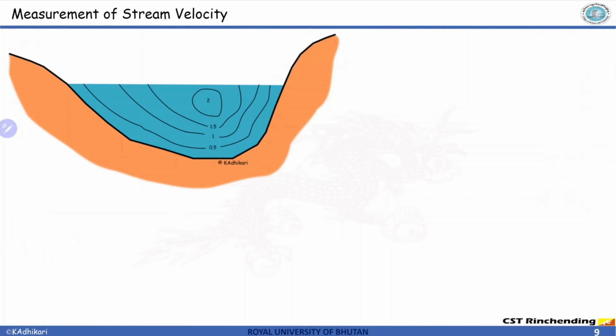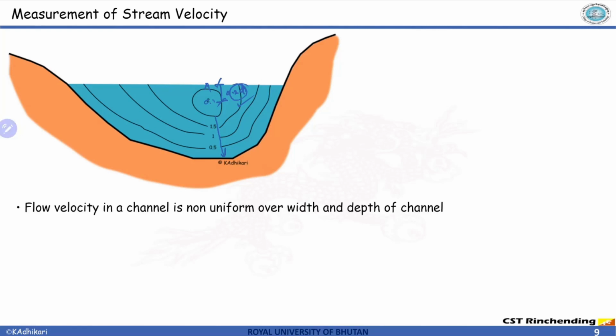Velocity is highest at around 0.2 d, and as you go towards the bottom the velocity decreases, and as you go to the surface the velocity again decreases. So it has a logarithmic type of profile.